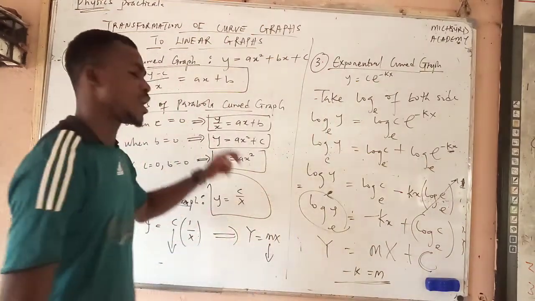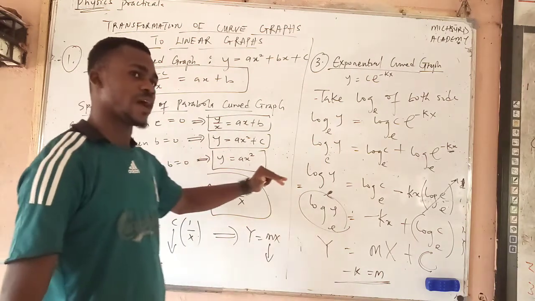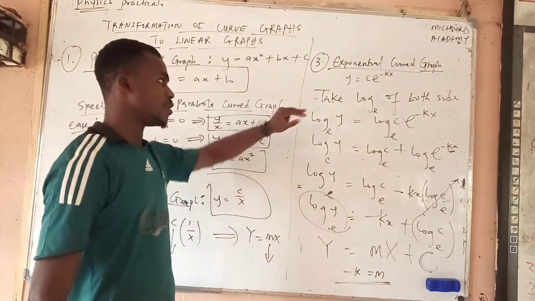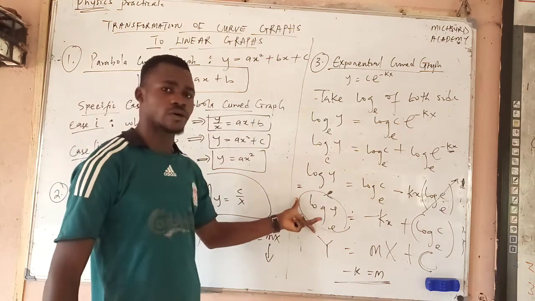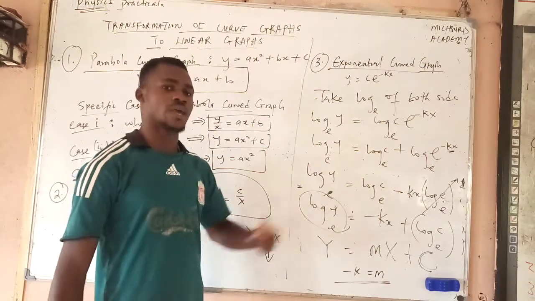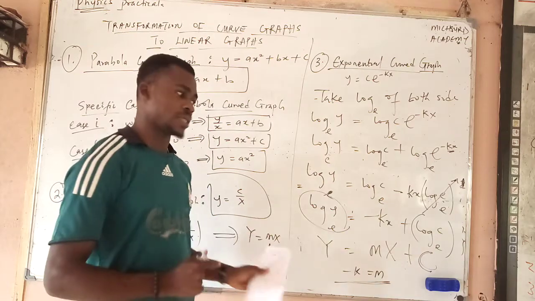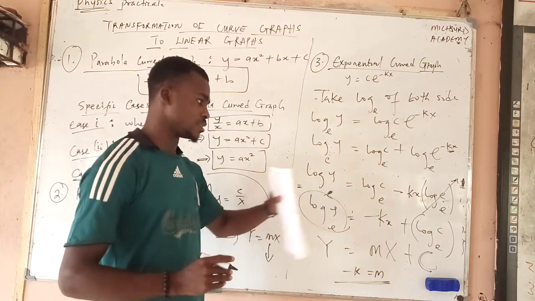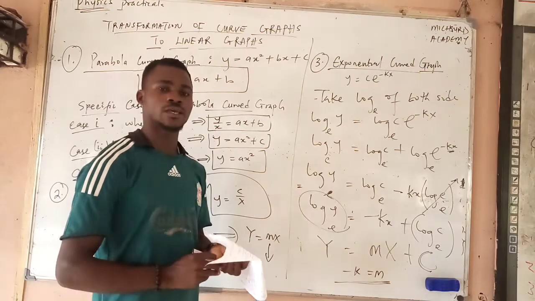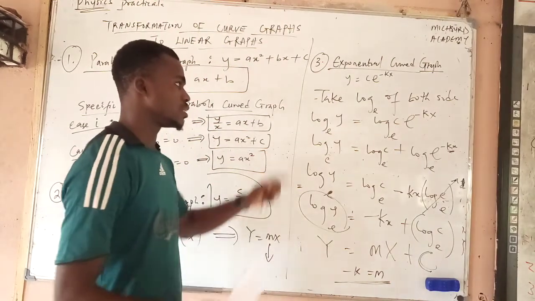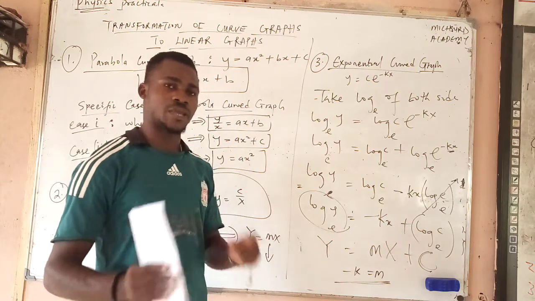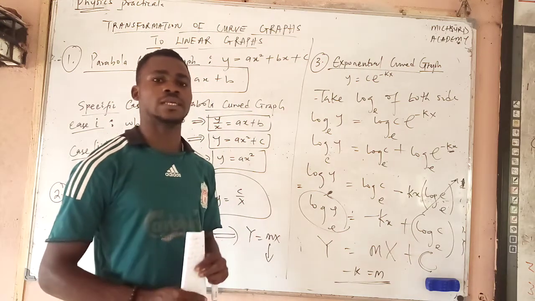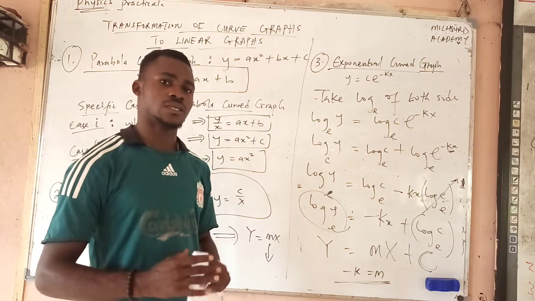So you see we have been able to simplify this exponential equation to a linear equation, such that we can find our intercept and our slope. Okay, so this is just the transformation of the curve graph. So it makes it easier for us to analyze this curved graph.